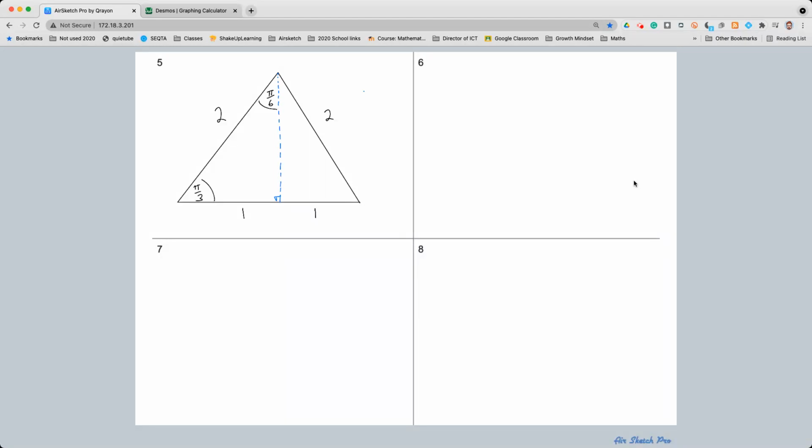Okay, so can you please work out sine, cosine and tan? Let's just stick with pi on 3 first. So remember that's 60 degrees. So let's work out what sine of pi on 6 is, cosine of pi on 6, and tan of pi on 6. And hot tip, what will we need for all three of them?